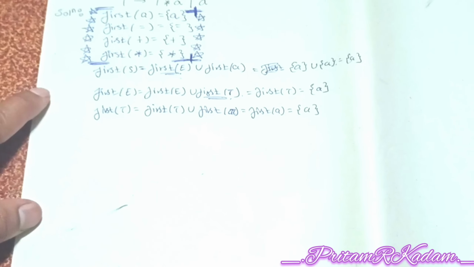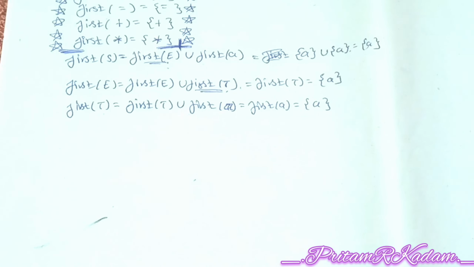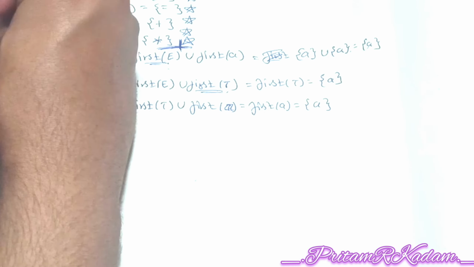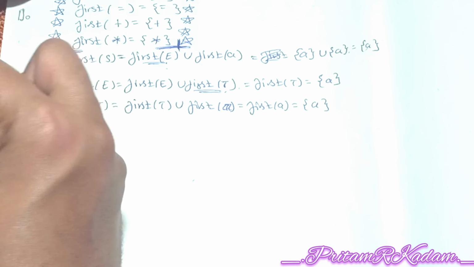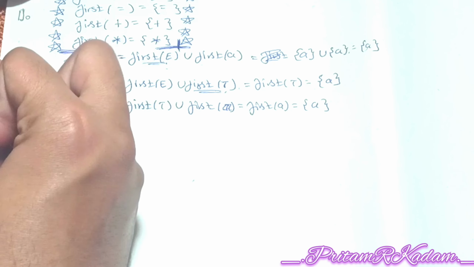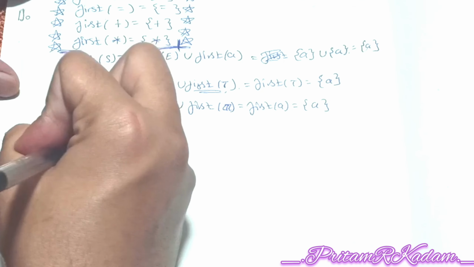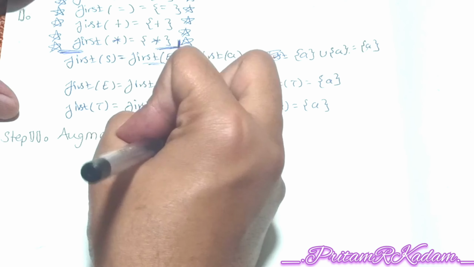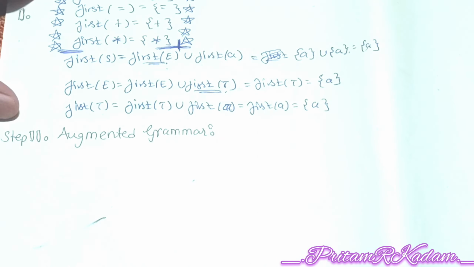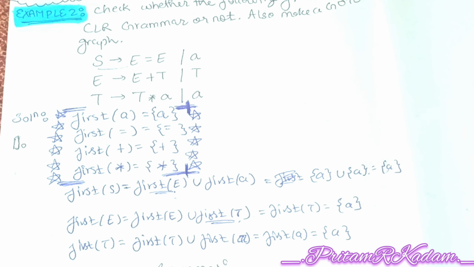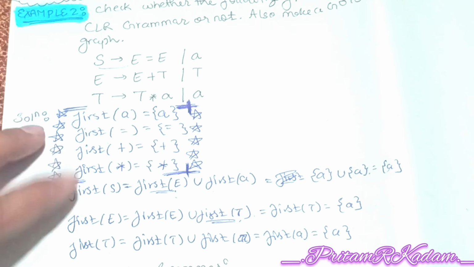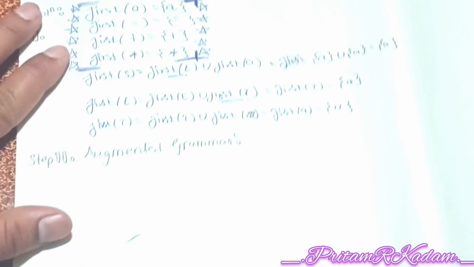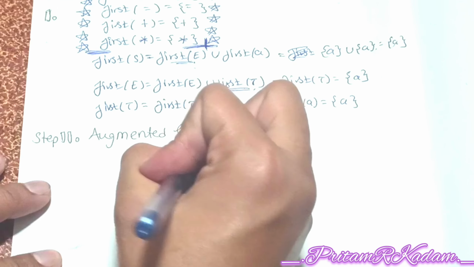As we have the starting symbol as S, I will have the new starting symbol as S dash, which will give me the production S dash gives S, and under that I will have the productions of S, then the productions of E, and then the productions of T. So let us write it down.